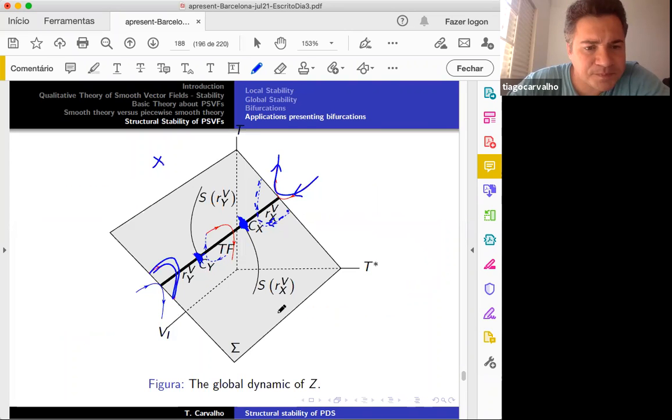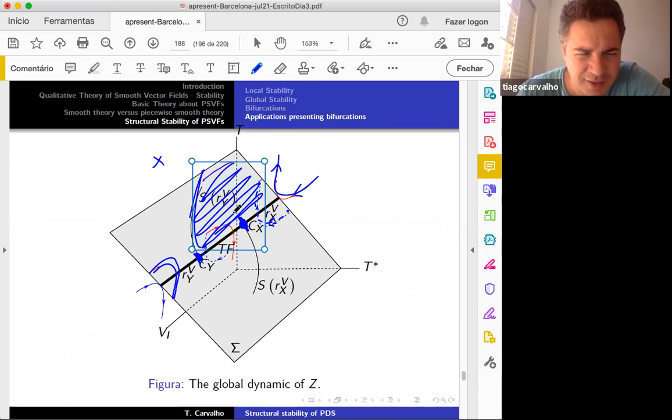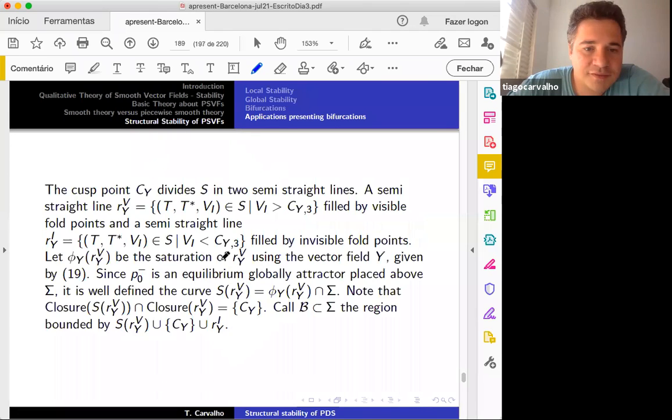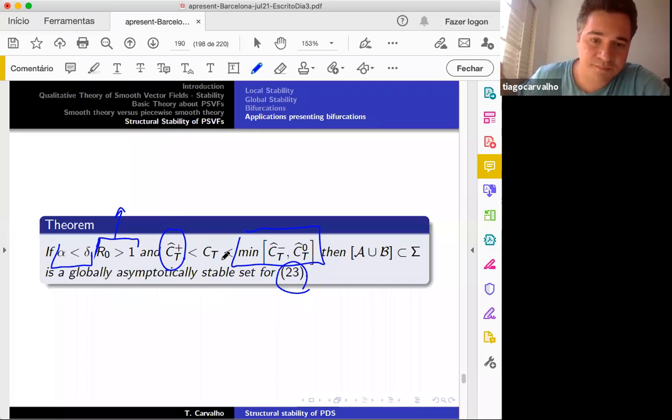In fact, this is the region, here we are at sigma now, okay? This region plus this region, okay, corresponds to a region of the basin of attraction of the piecewise smooth system. Okay.